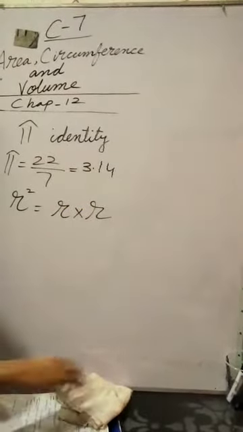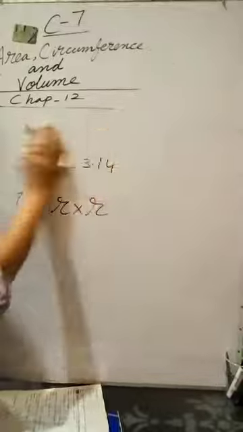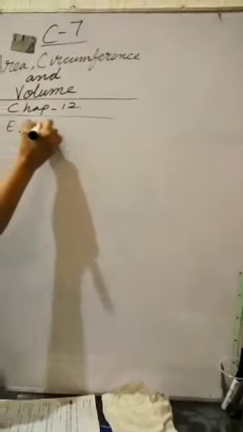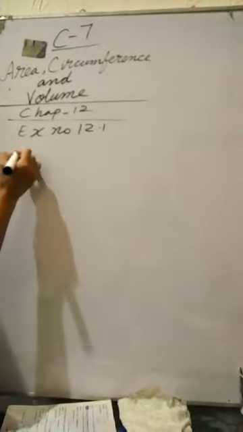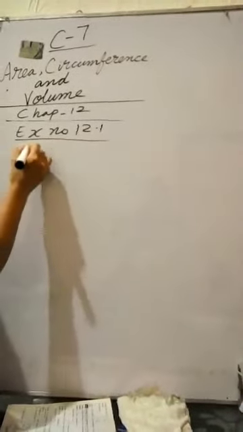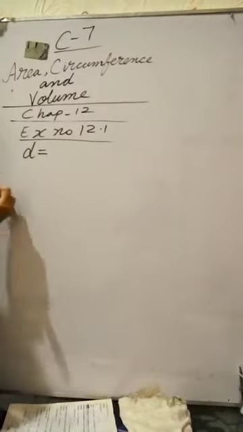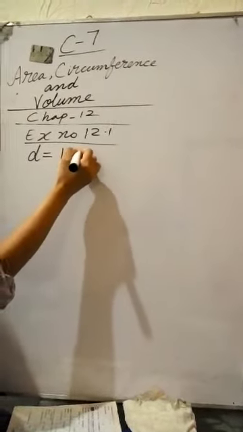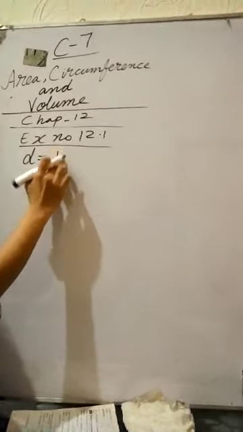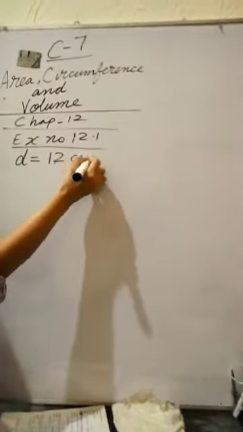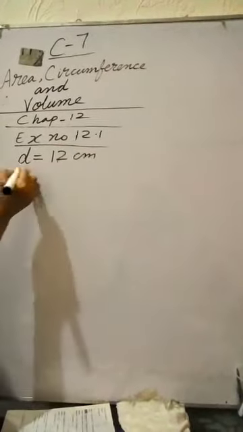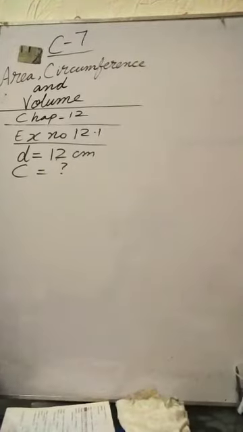Now I am starting exercise number 12.1. The question is, the diameter of the circle is 12 centimeter, and you need to find the circumference.